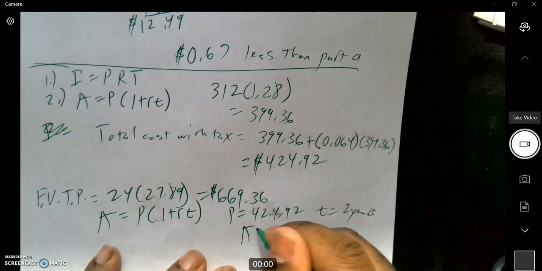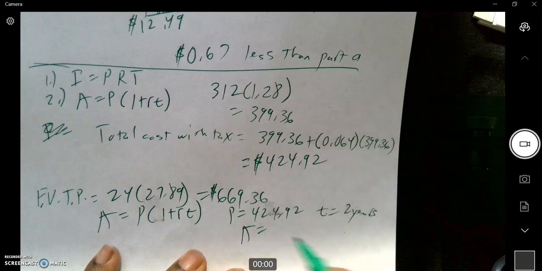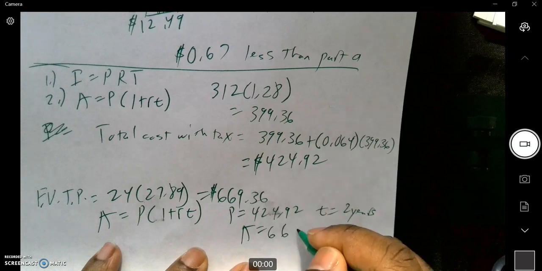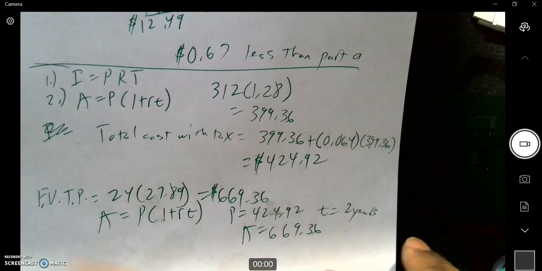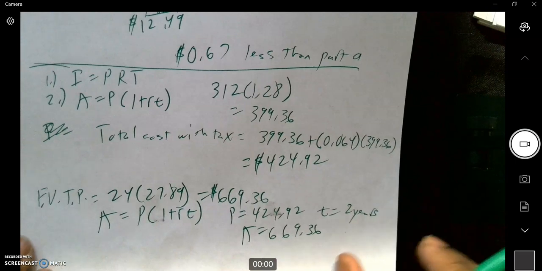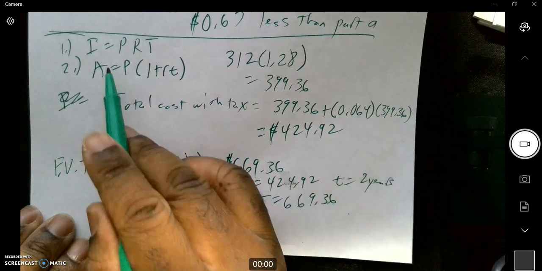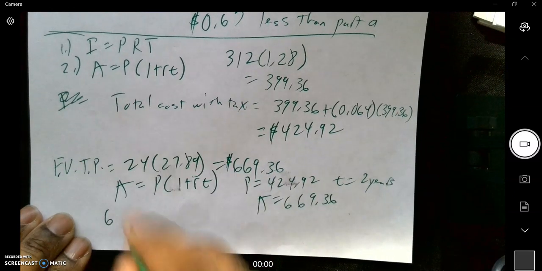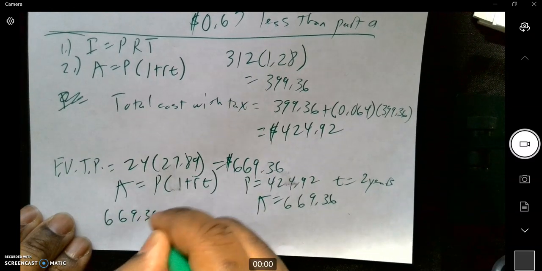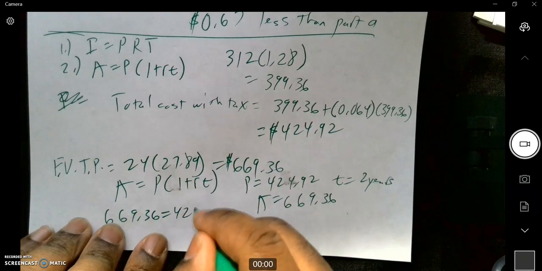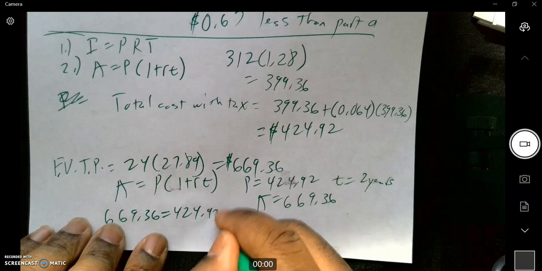And then our A, the future value, is what we would pay with the payments, which would be $669.36. So these are all the values we need. So now we would go and use this formula. A is 669.36 is equal to P, which is 424.92.